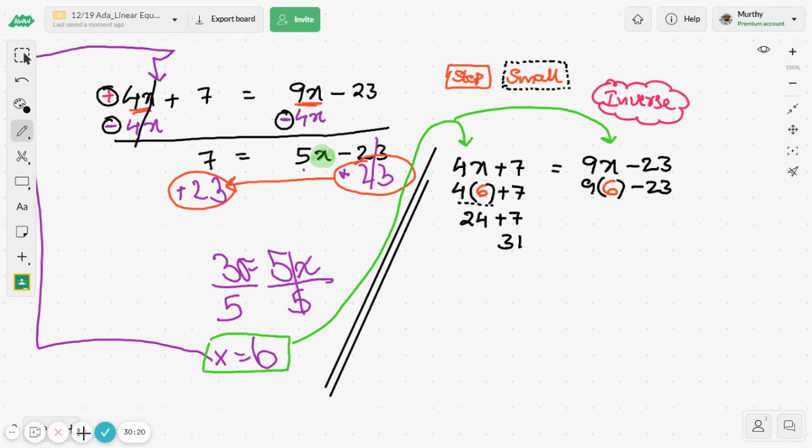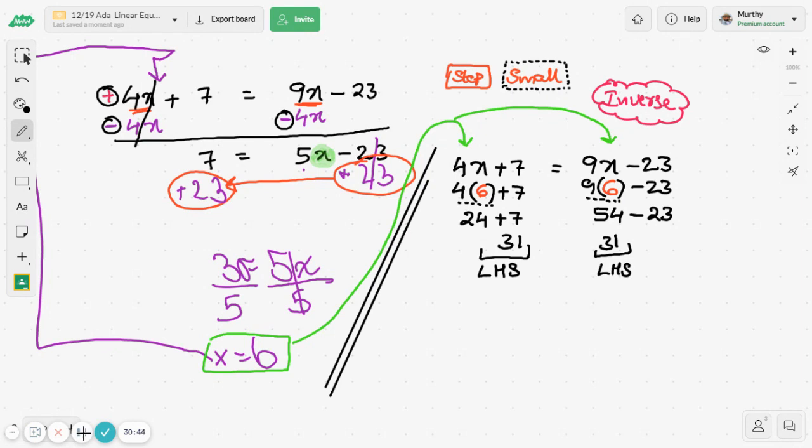And the other side, 9 times 6, 54. Let me take away 23. So 4 minus 3 gives me 1, 5 minus 2 gives me 3, so 31. I see that on the left hand side, whatever value I got, on the right hand side I also got the same value.